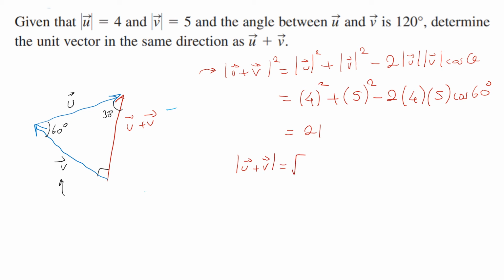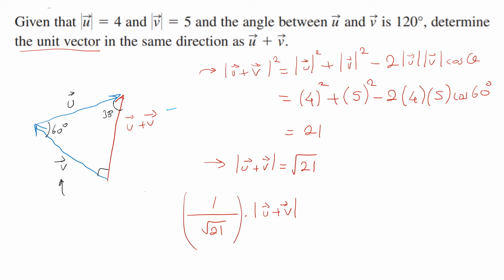the magnitude of the vectors being root 21. Now that I have my value, it wants me to determine the unit vector. Like in the previous slide, how we do that is we take this magnitude and multiply it by 1 over the absolute value of this, which would still come up to root 21. And then we multiply it by the original one, which is u plus v.